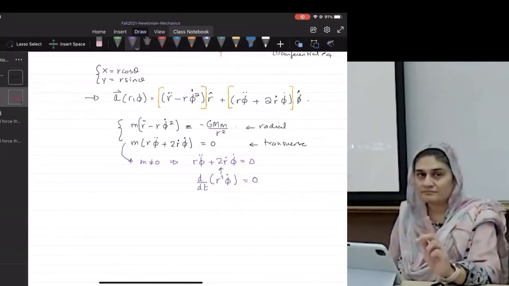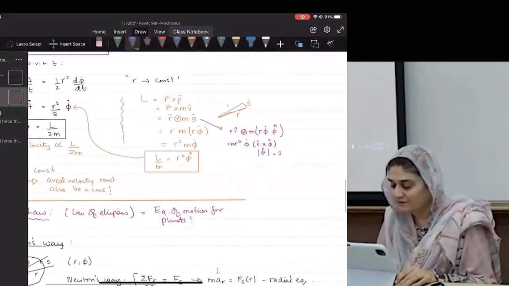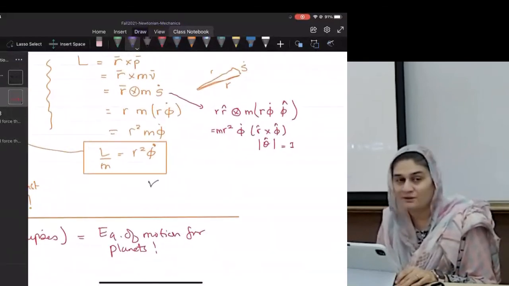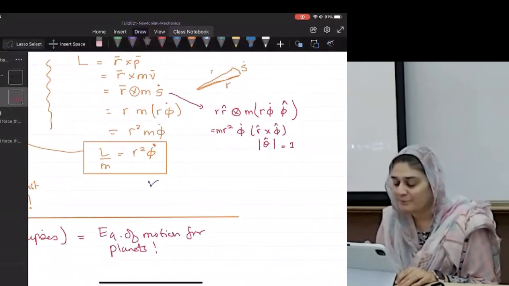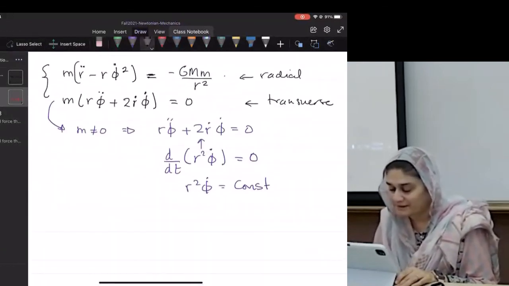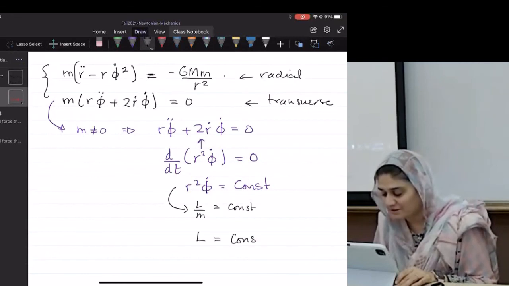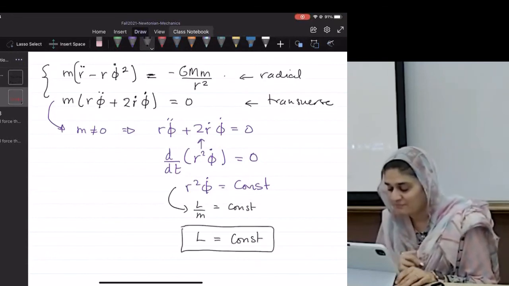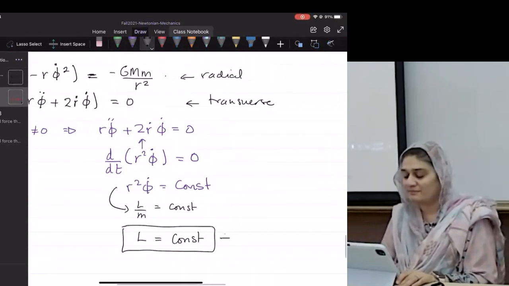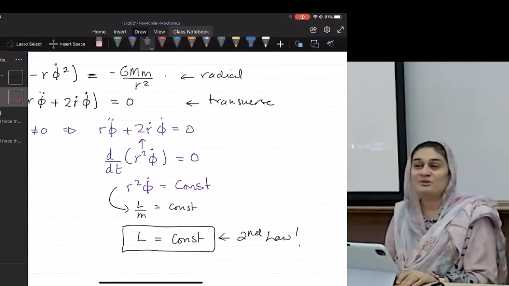So we're working backwards, which means r squared phi dot is a constant. Right here above, did we say r squared phi dot was L over m? Okay, may I plug that value here? L over m is a constant, which means L is a constant because m, of course, is not changing. Which law was this one? So the first law proves the second law. Woo-hoo.